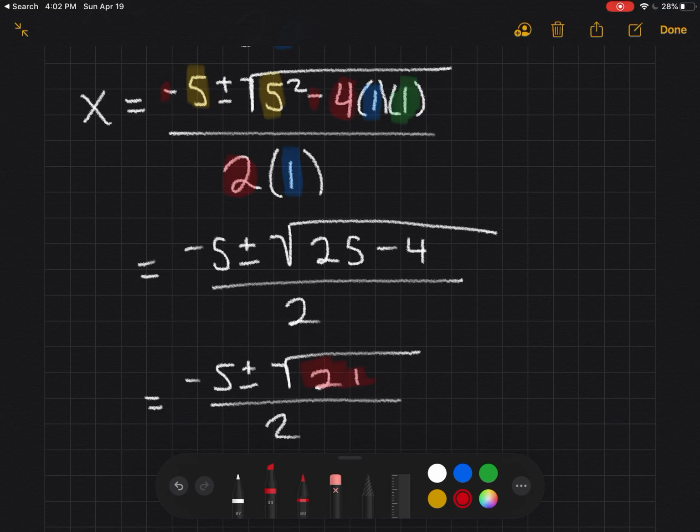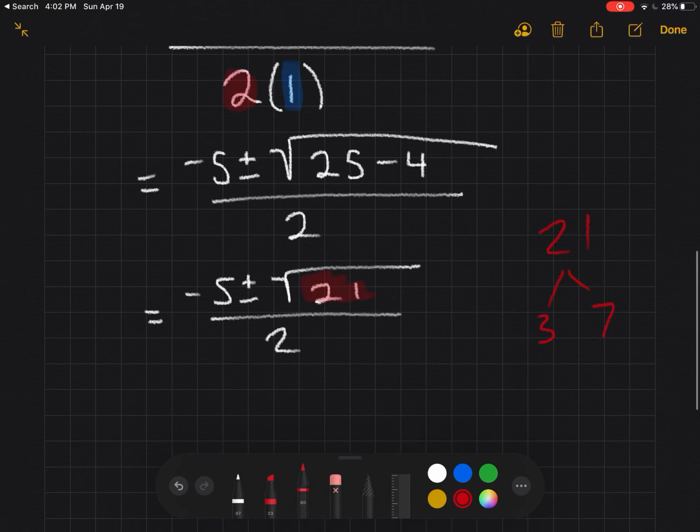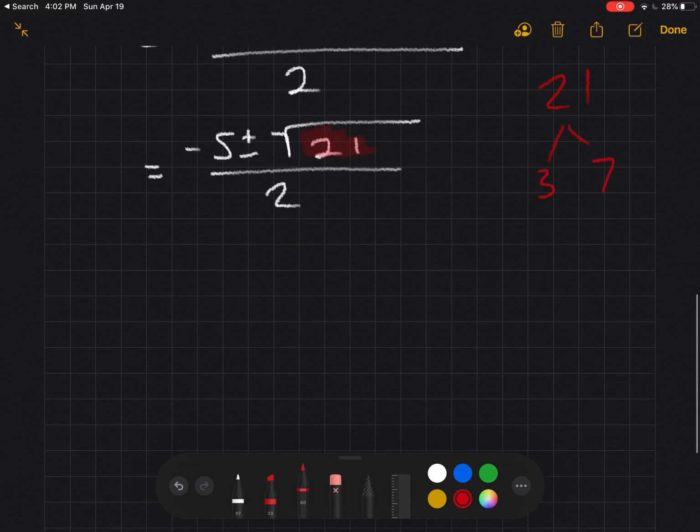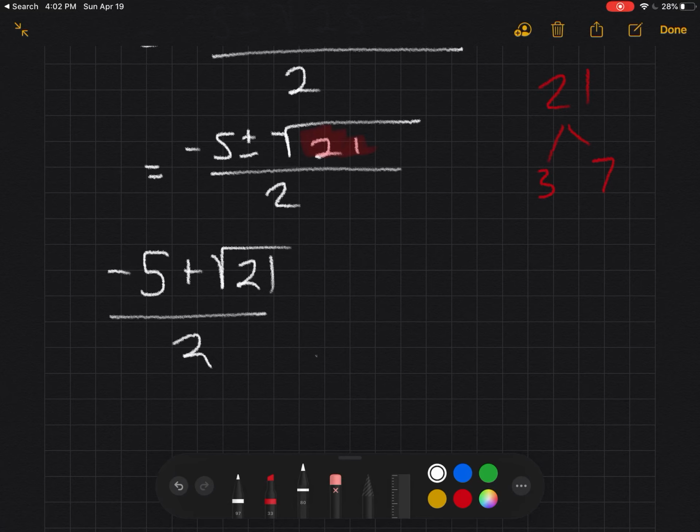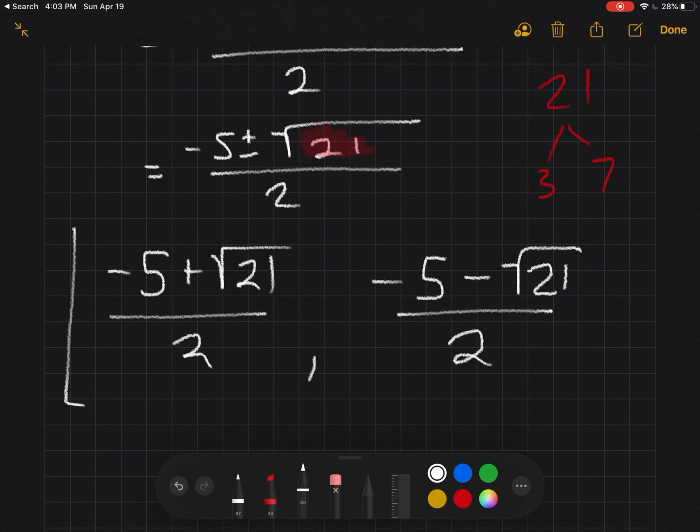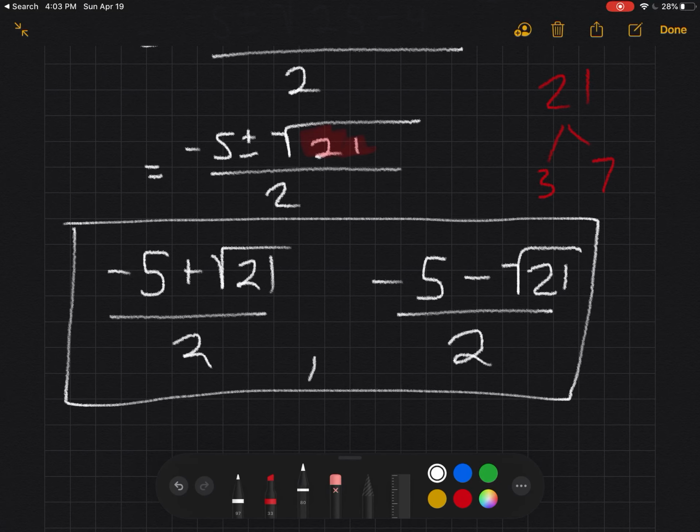So this is negative 5 plus or minus the square root of 5 squared, which equals 25, minus 4, all divided by 2. So that's negative 5 plus or minus the square root of 21 all over 2. You do want to check and see, can we simplify this square root at all? 21 is just 3 times 7, so there's no more simplifying we can do.